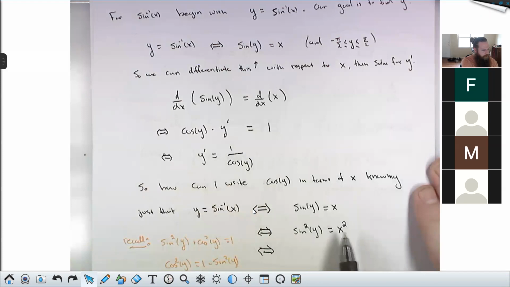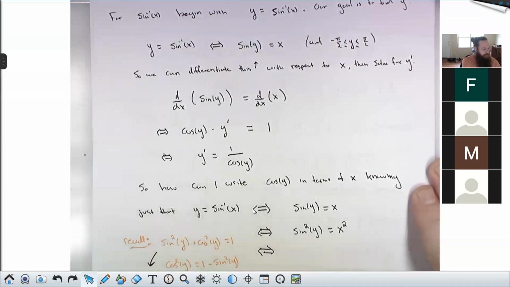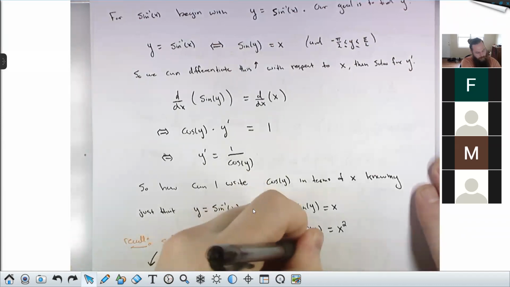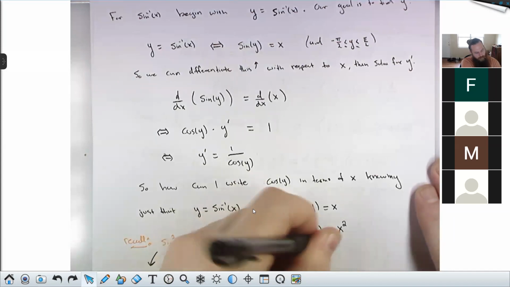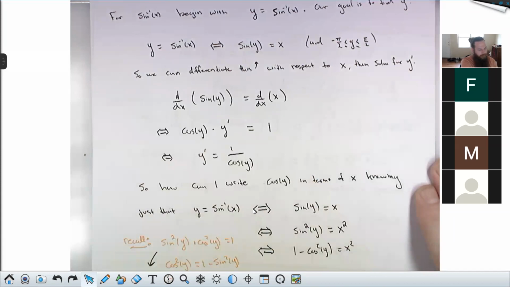Sine squared is x squared. And I could also solve this for sine squared, right? This means sine squared y is 1 minus cos squared y. So this piece, 1 minus cos squared y, is equal to x squared.